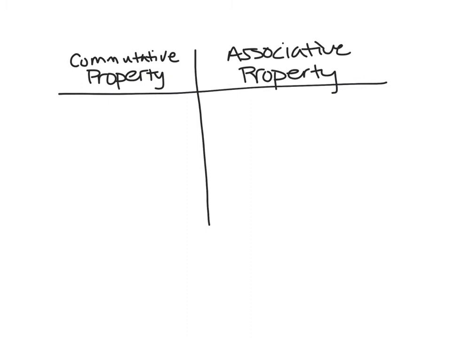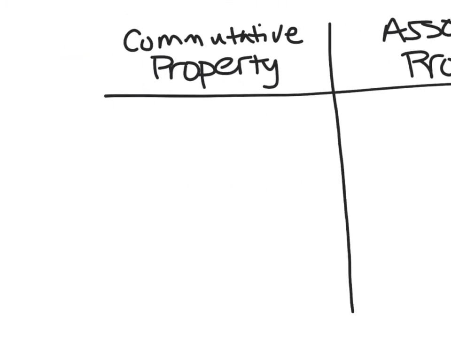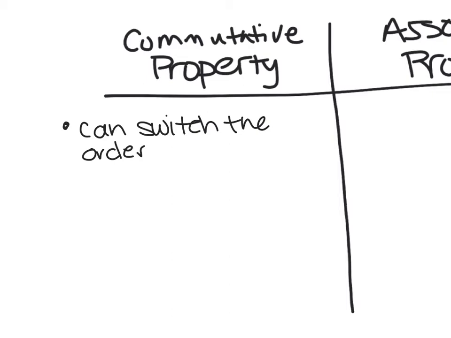So, with the commutative property, we'll start there. That tells me that you can switch the order of addition and multiplication.